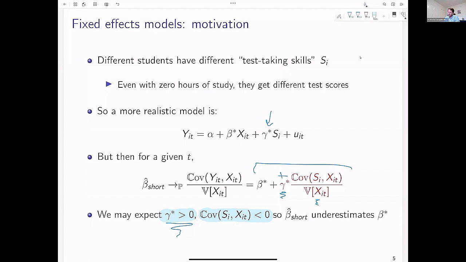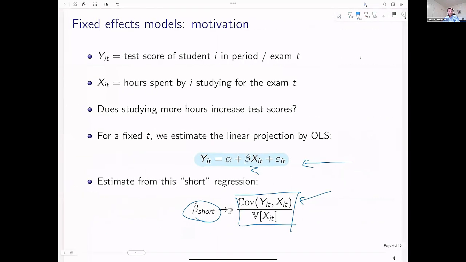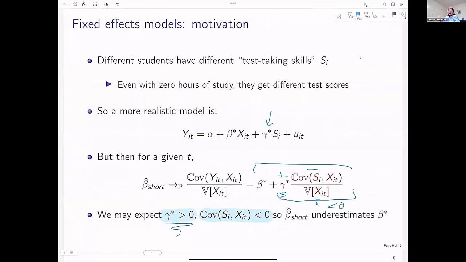So this covariance would be negative, and that means this whole term is a positive number times a negative number, so that would be negative. Okay, so when we run the short regression but omit the S variable, then beta hat would be an underestimate of the effect of hours of study, right? Because we get beta star, which is the effect of hours of study, minus something else. So we would be underestimating beta star.